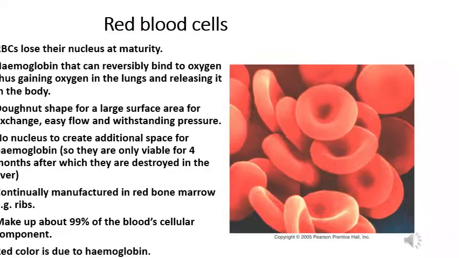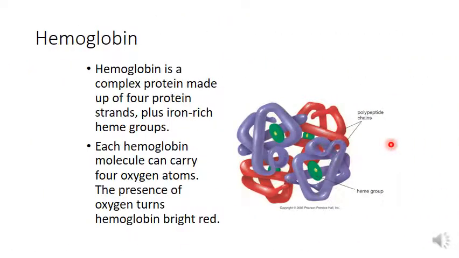Of special mention, blood is red due to the presence of hemoglobin. So hemoglobin, you know from our lessons in biological molecules, is a complex protein made up of 4 protein strands, 2 alpha chains and 2 beta chains. And these polypeptide chains are bonded to heme groups, which contain iron.